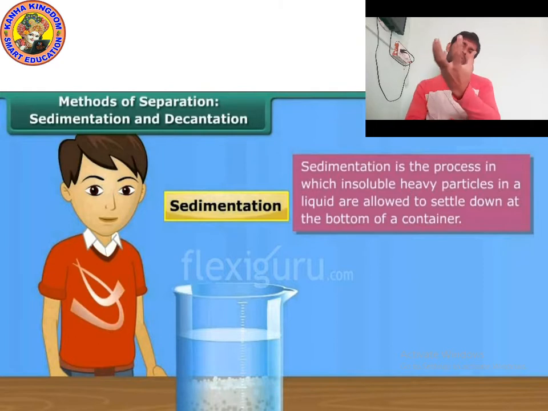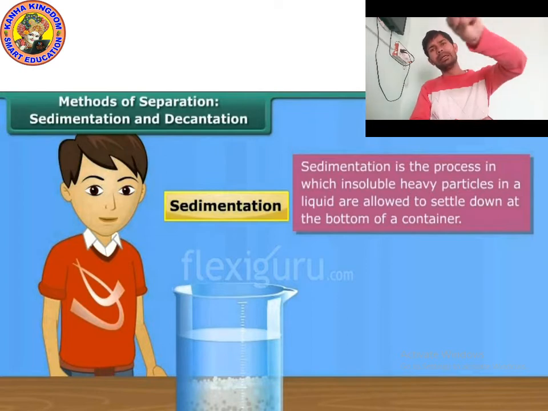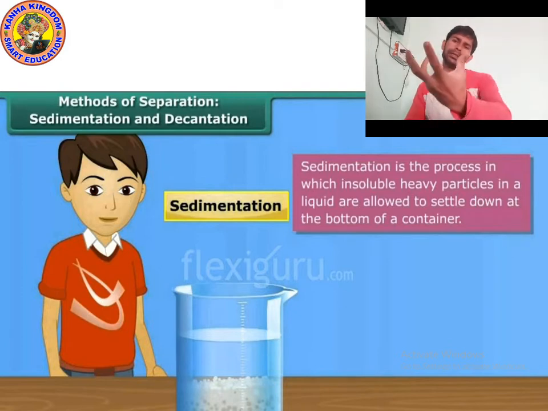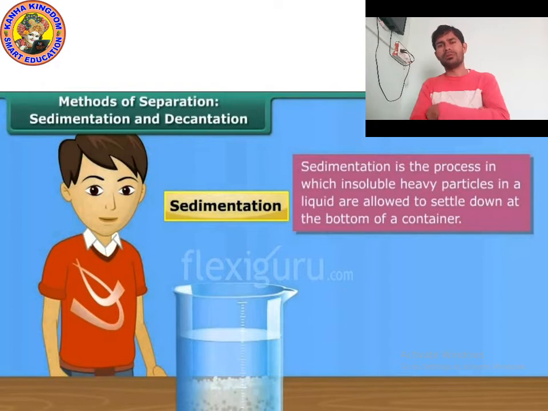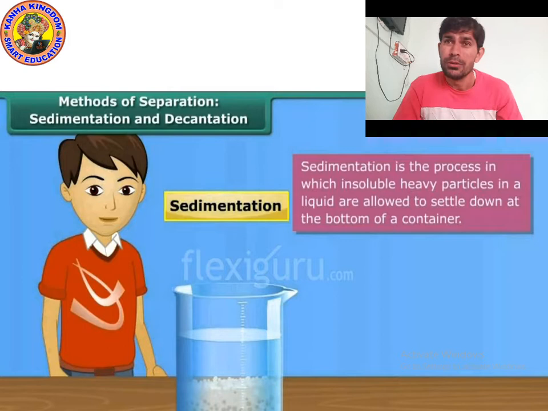Suppose you have dirty water which has stones. Take the water in any flask or in a beaker. As you can see in the picture, the boy is standing, the water is in the beaker, this is dirty water, and put it aside for a few minutes, maybe 10 or 15 minutes.